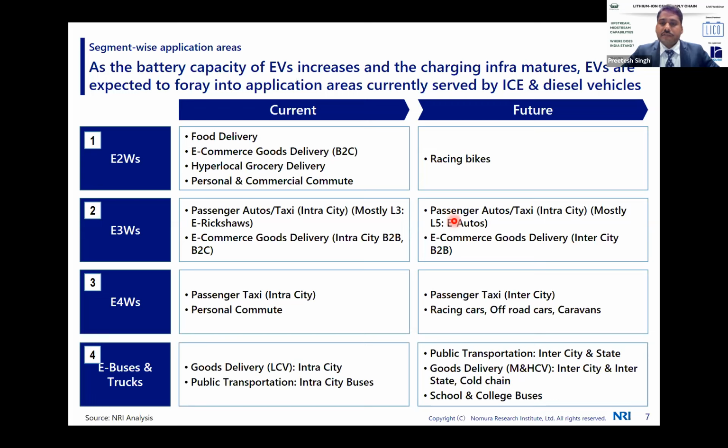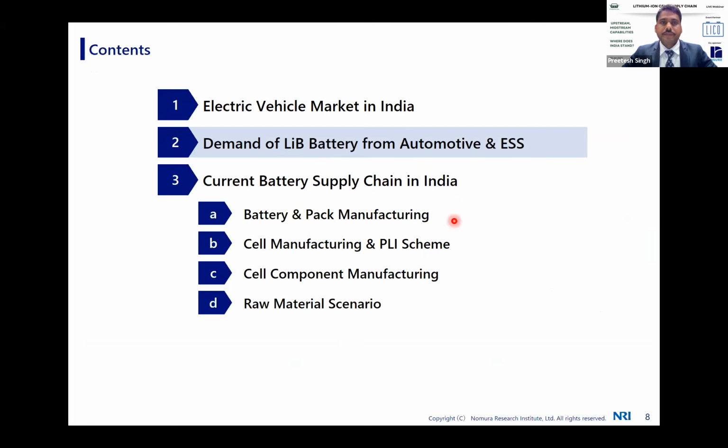But in future, several other applications might also emerge, such as public transportation, intercity and state, and school and college buses. These are some of the applications. Obviously, there will be several other applications also in future. Now moving on to the demand of lithium-ion batteries from automotive and ESS applications.